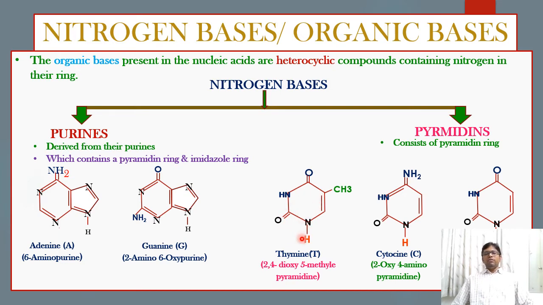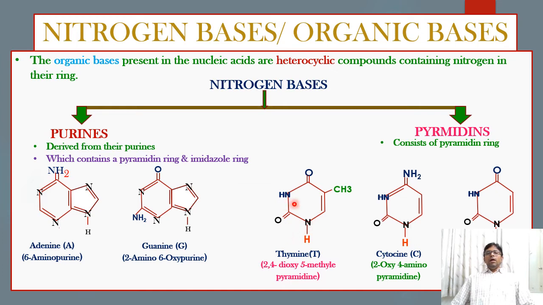If you see the structure of thymine, it is also known as 2,4-dioxy 5-methylpyrimidine. On 2nd carbon, oxygen is present, and also on 4th carbon. Here the number starts from here 1, 2, 3, 4, 5, 6. Whereas here in case of pyrimidines, the number starts from here 1, 2, 3, 4, 5, 6. The numbering of carbon is given based on the functional groups present on the CN ring.